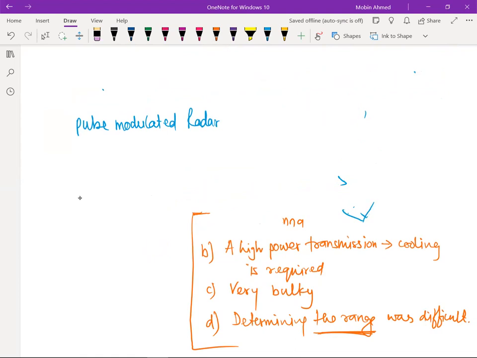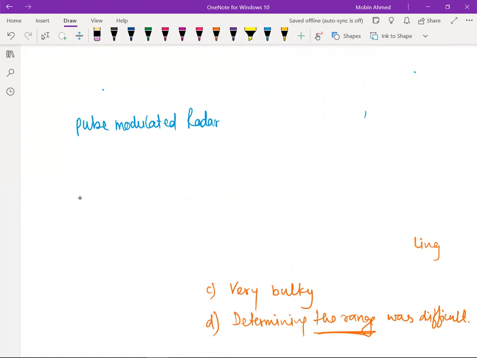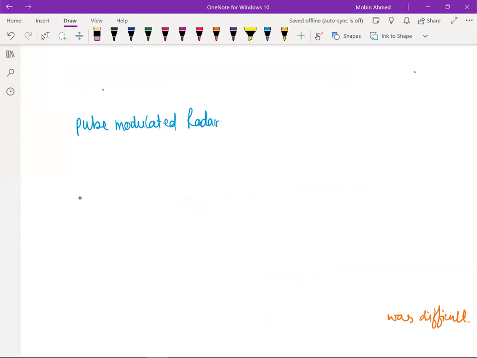Now let's see the pulse modulated radar. With this type of radar, we can determine the range and bearing very accurately. Again we have the antenna.